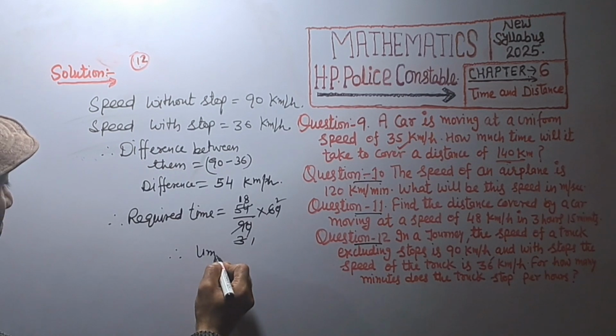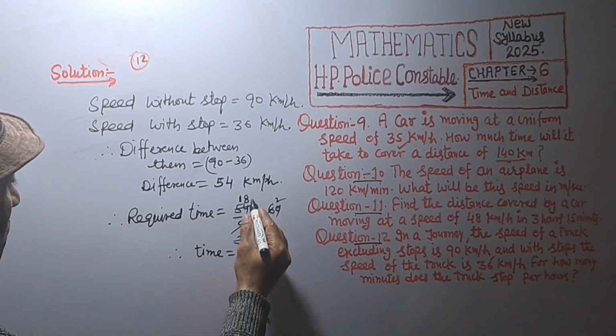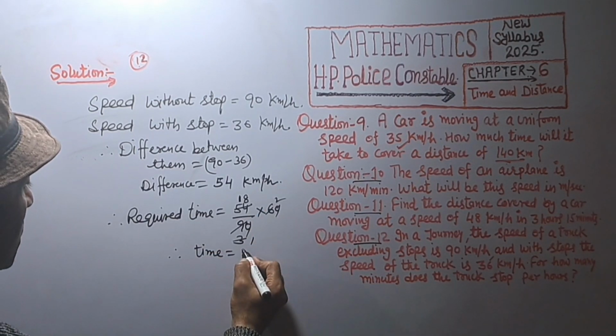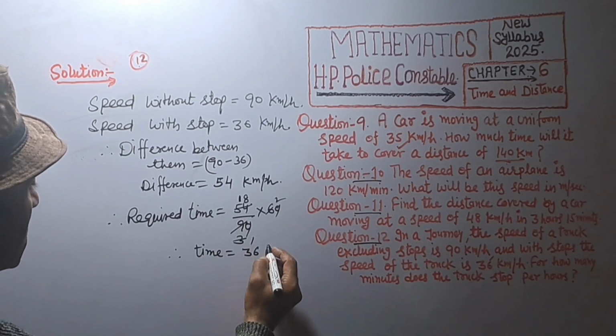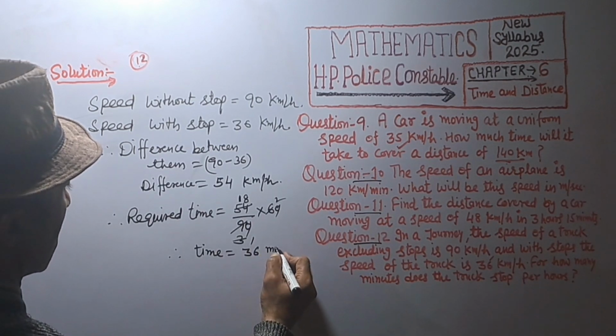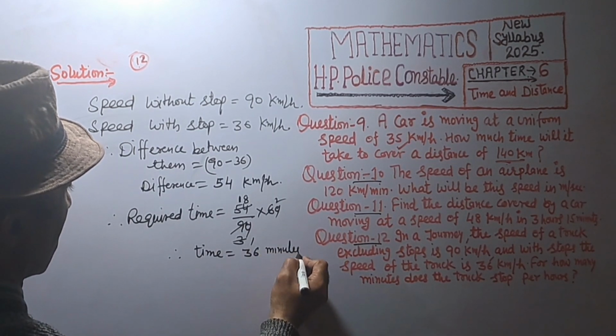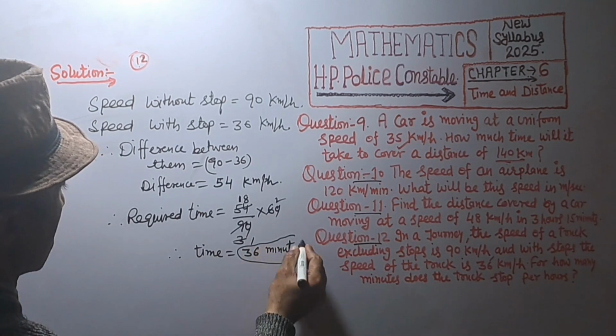So time is equal to 18 2s are 36 minutes.